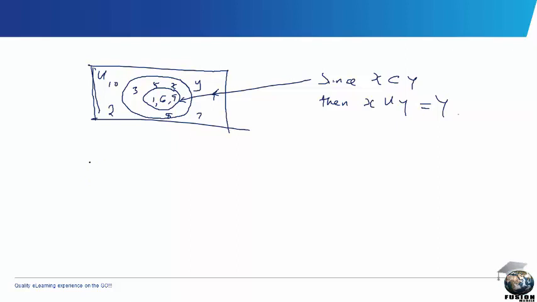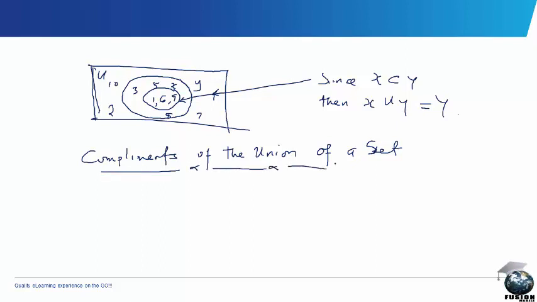Next, we'll be talking about complements of the union of a set. The complement of the union of sets X and Y is a set of elements that are members of the universal set but are not members of the union of the two sets.